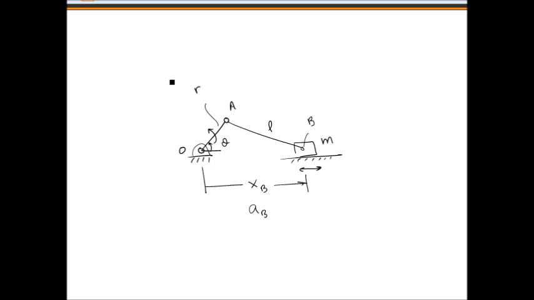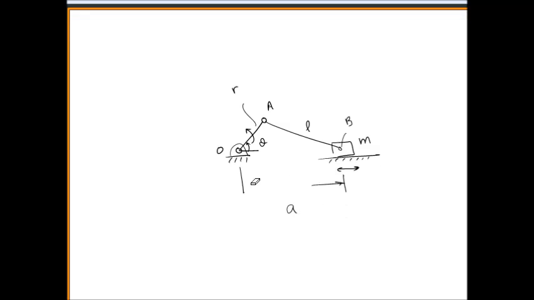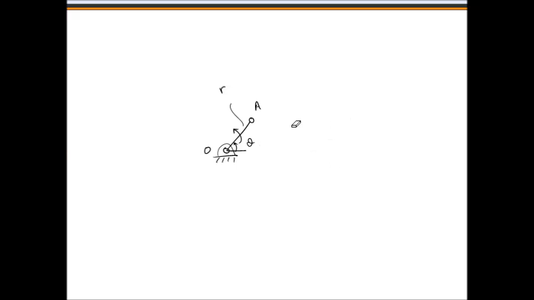But first, in order to do this plotting and get used to this Excel package, let's just focus on the crank itself.